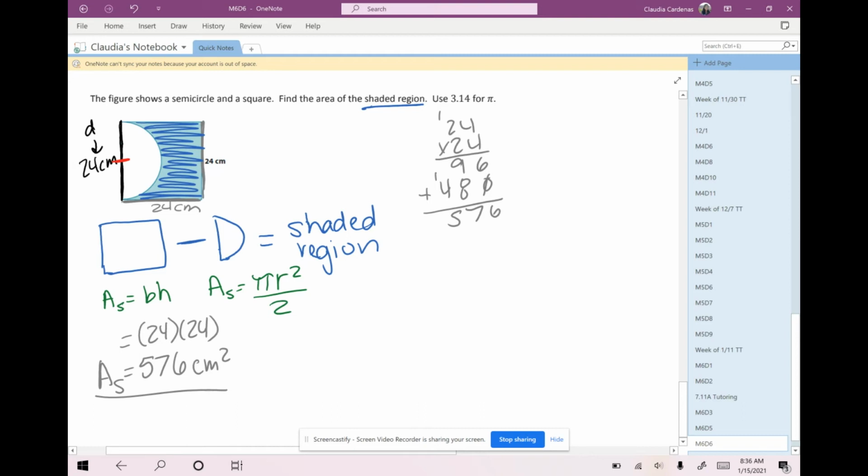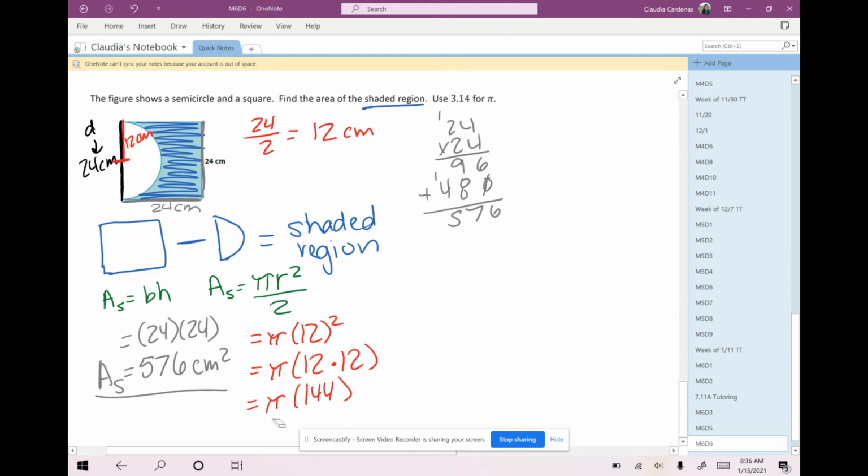Well, we would have to cut it in half or divide by 2, which I know is 12 centimeters. So this radius here is 12 centimeters, which I can then use in my formula, 12 squared. And so I know 12 squared means 12 times 12, right? We write 12 two times, and I know 12 times 12 is 144, and pi is 3.14.